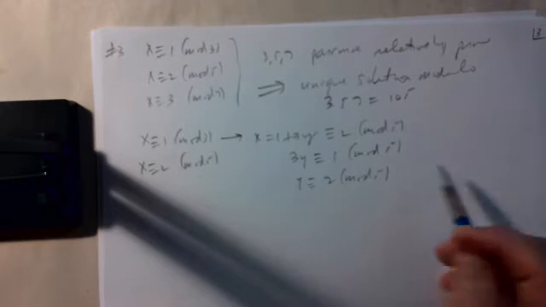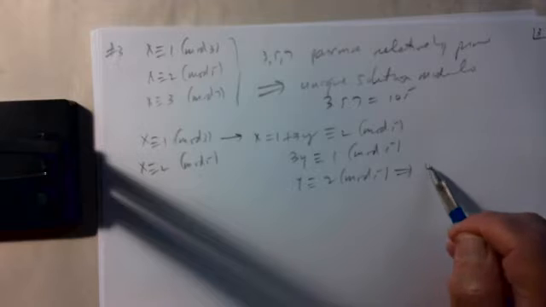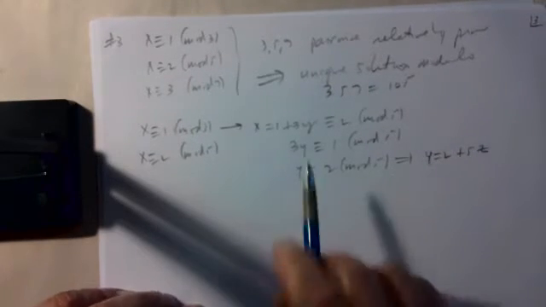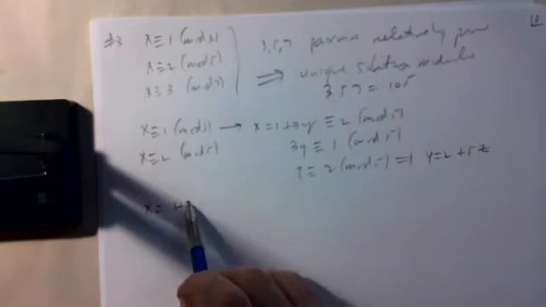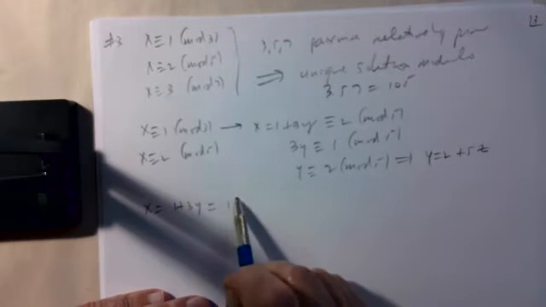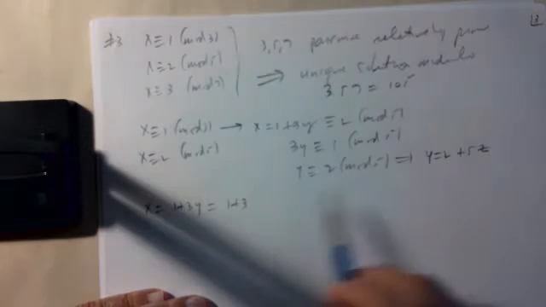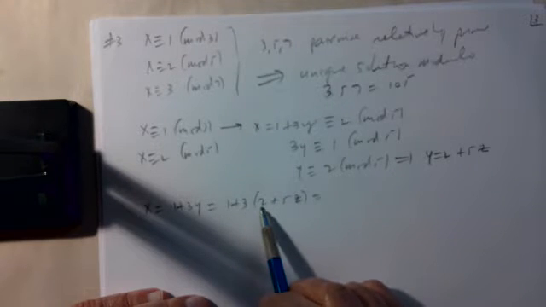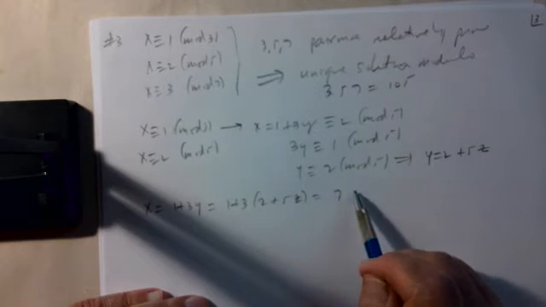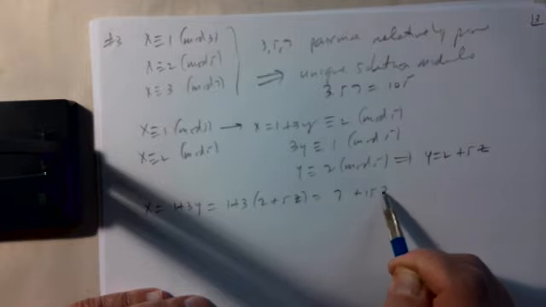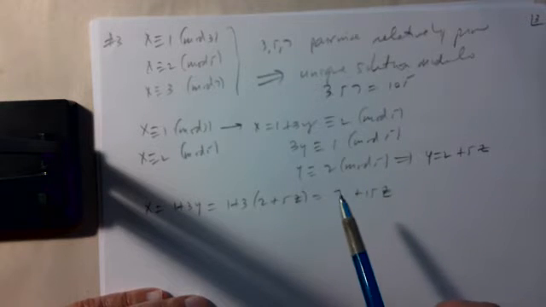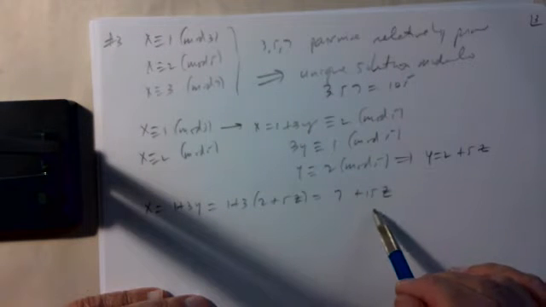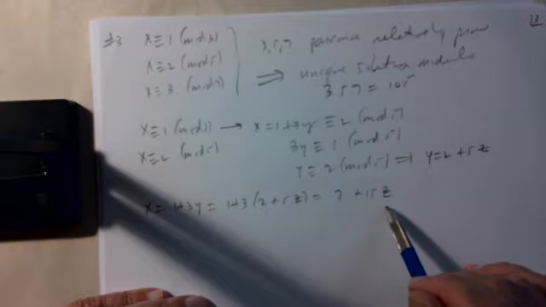So y is a number of the form 2 plus 5z. And so x, which is 1 plus 3y, is 1 plus 3 times 2 plus 5z. 3 times 2 is 6 plus 1 is 7. This is 7 plus 15z. So any number that satisfies the first two congruences is congruent to 7 mod 15.